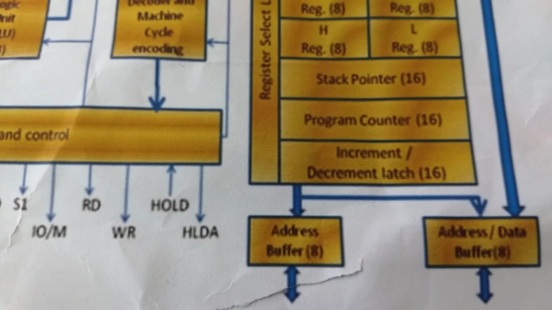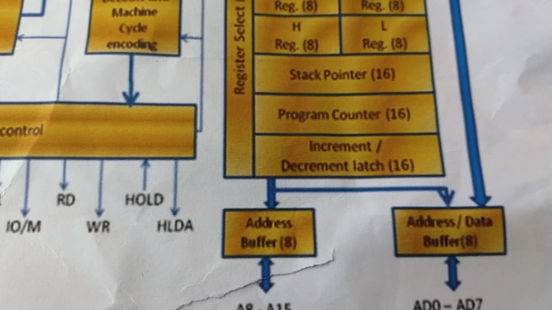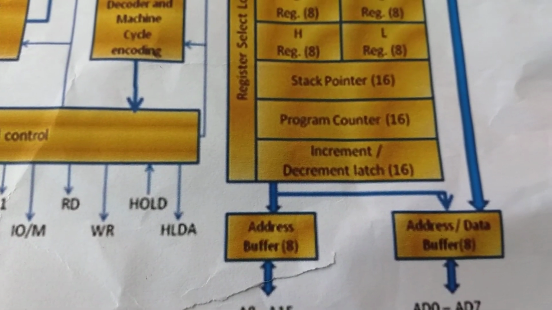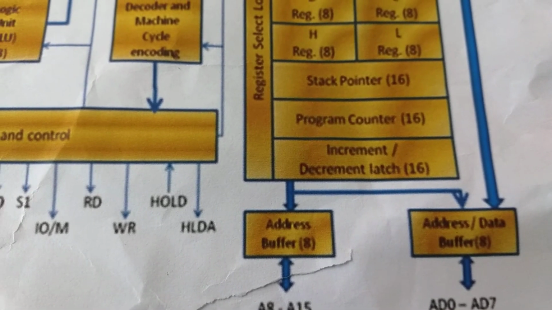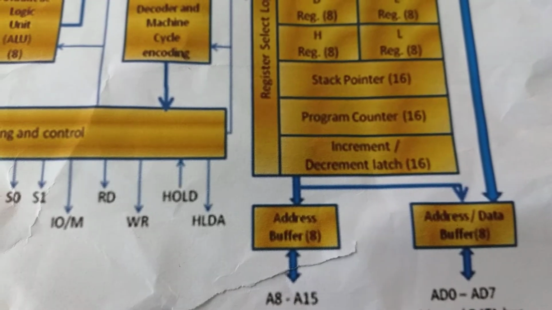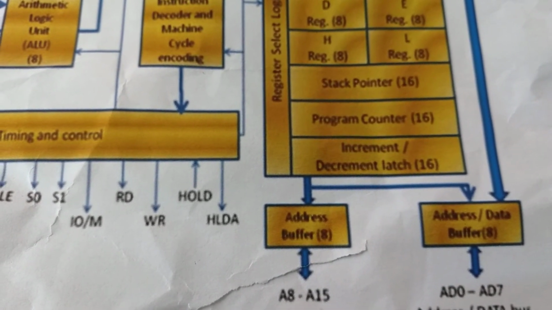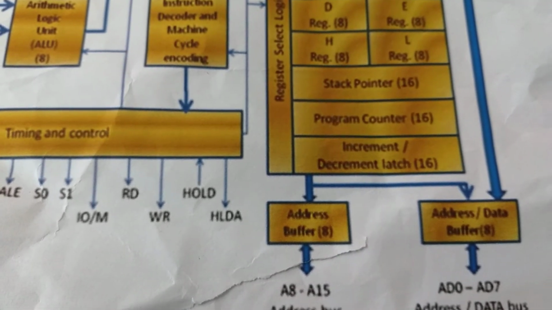For the next instruction we can use the program counter. Then the increment or decrement latch: whenever we have to increment or decrement the address of any instruction, we can use this register.